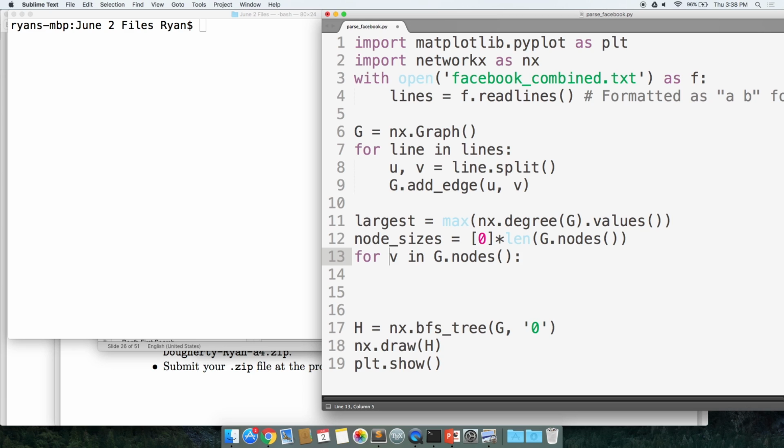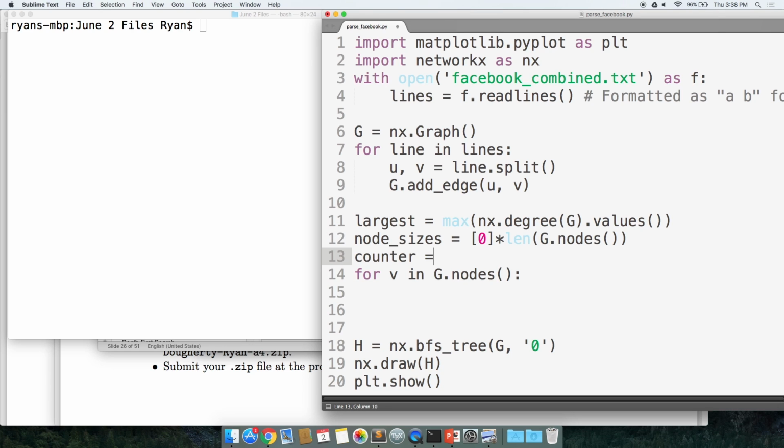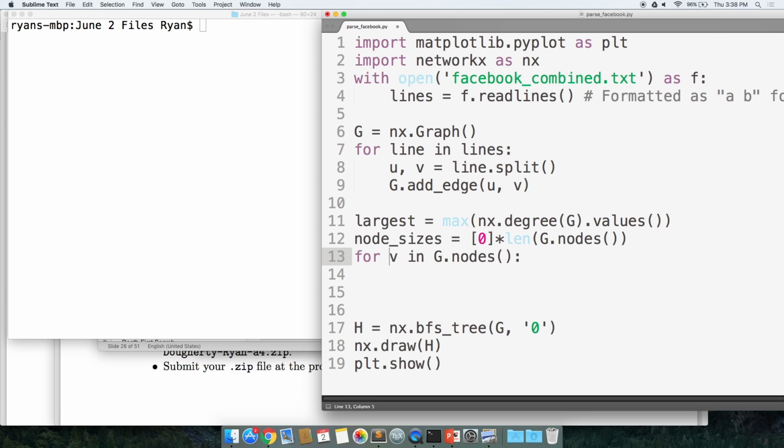If g.nodes returns me the first, say, index 0 vertex, I want index 0 of node_sizes to be that. One way we can do this is to have a counter start at 0 and update it as we go. But there's a much better way. Basically v here is the vertex, but I want the index at the same time. Anyone know how to get the index and the element at the same time?